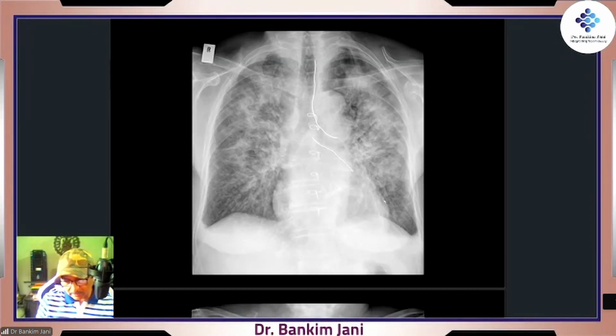You see the outline. This will give you the understanding of how nicely, see over here, can you see this? This is the trachea, all the way from the trachea dividing into the primary bronchus.